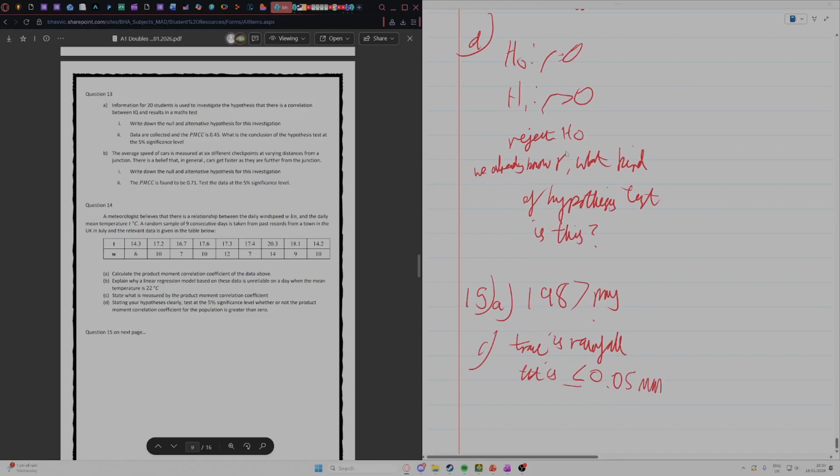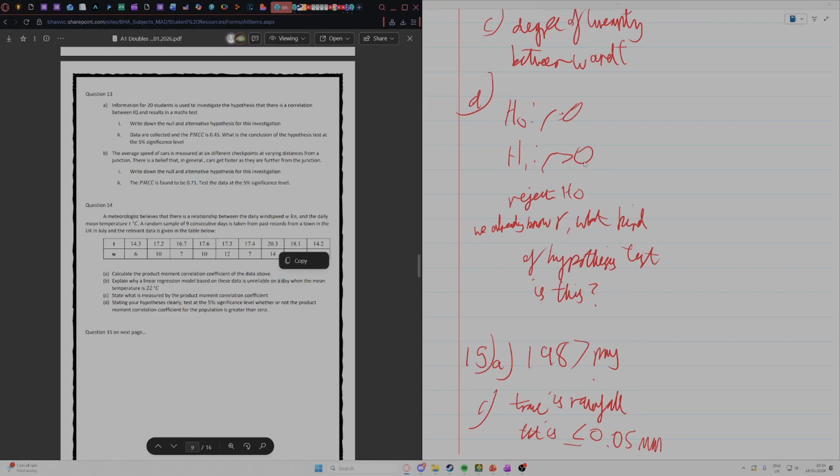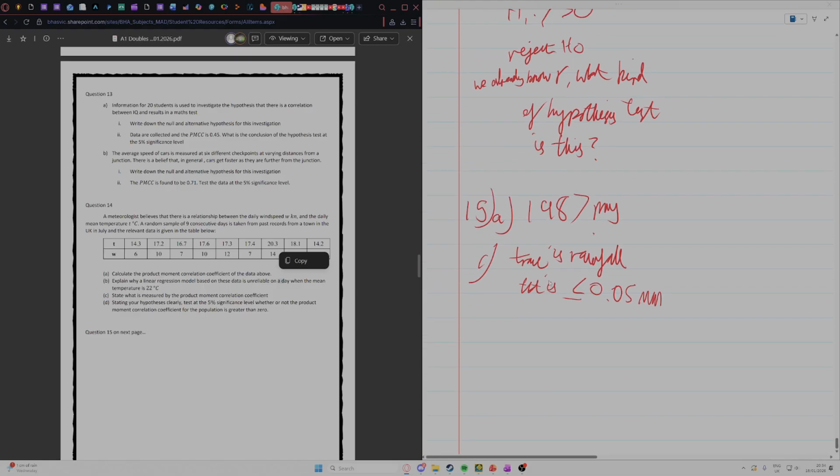Blah blah blah. Oh yeah, this test is actually hilarious. I don't really know what they were expecting here. I don't know if they meant to say that the population coefficient is greater than 0, because we're testing that the PMCC is greater than 0, but we have the PMCC based on what we just found up here. So reject H0 because we know what the PMCC is. So yeah, I don't really know what that's supposed to be.